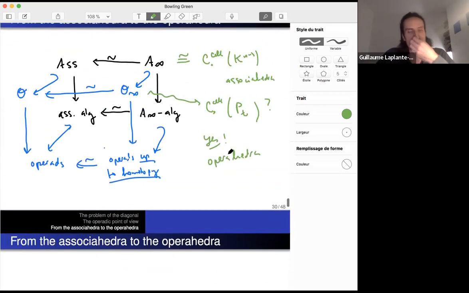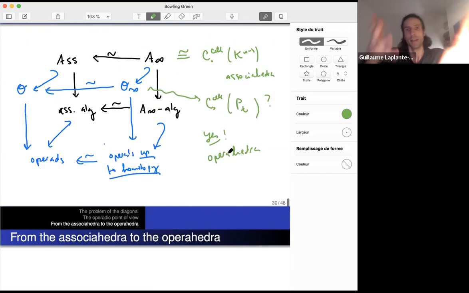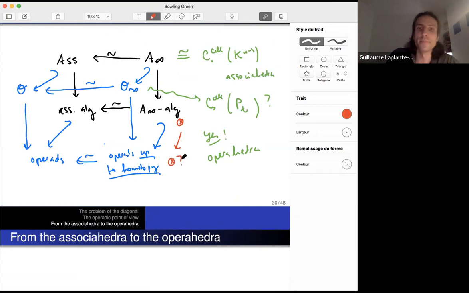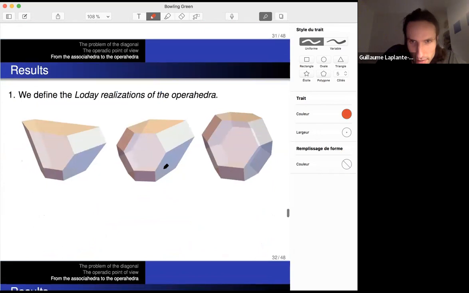Great. And then my question was, can we follow the same thread of thought to define the tensor product of two operads up to homotopy? So we had a tensor product here, and can we define a tensor product here? This is what I've done in this article in my thesis.